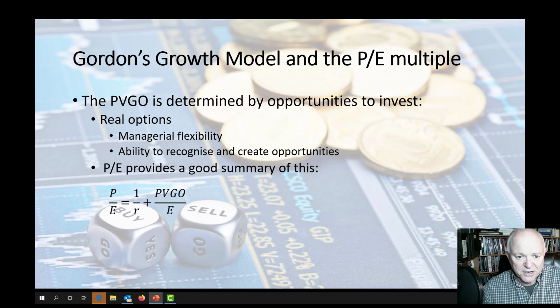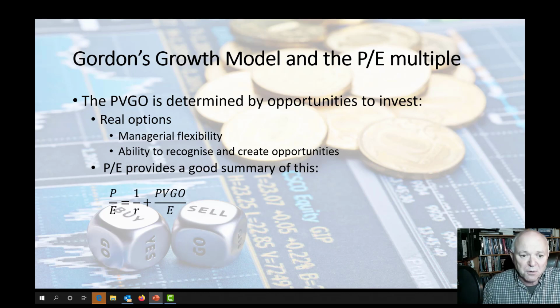In the price-earnings multiple, we see a good example of how this works. Essentially, price-earnings multiple is going to give us an idea of the value of a company, the value of a business, with and without growth.